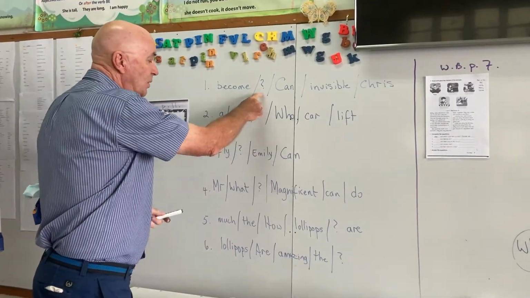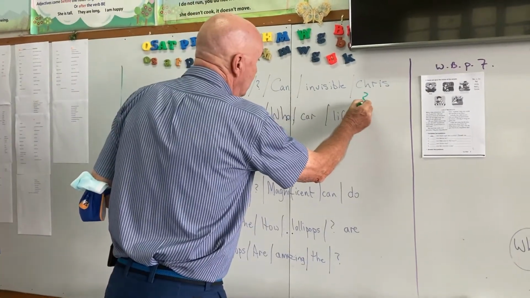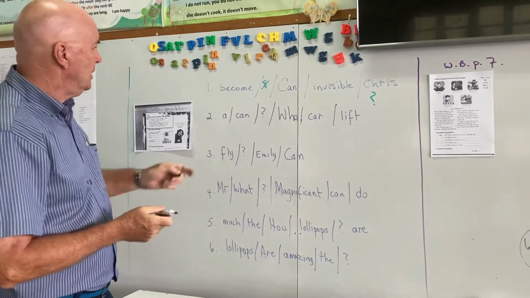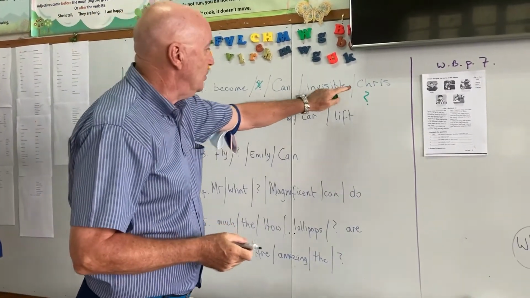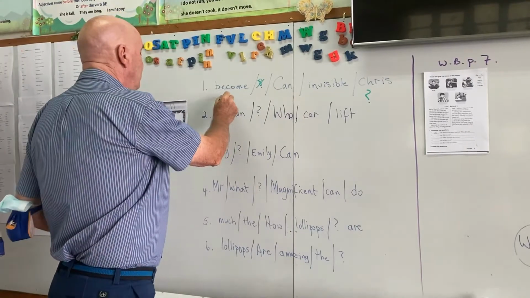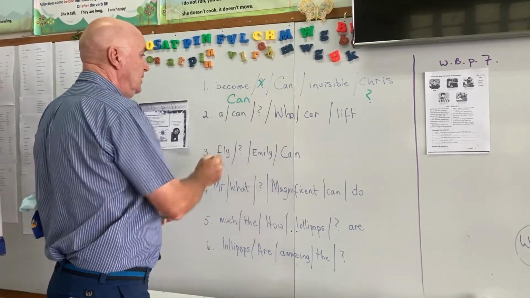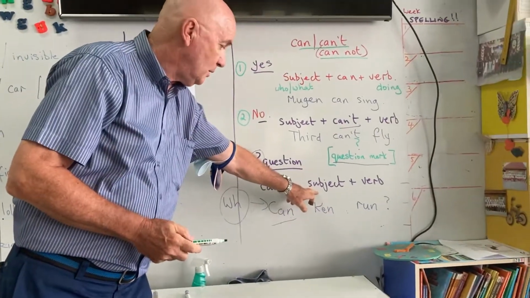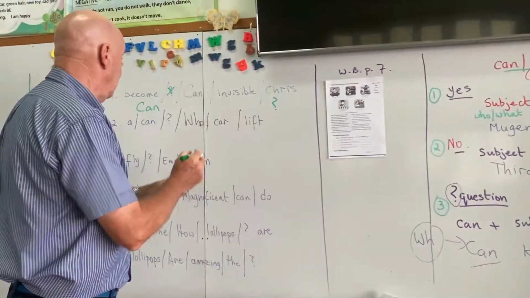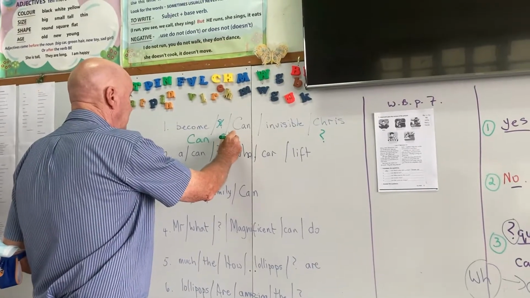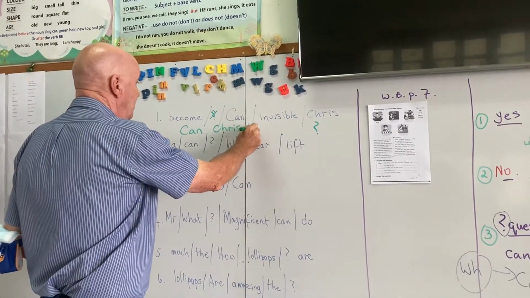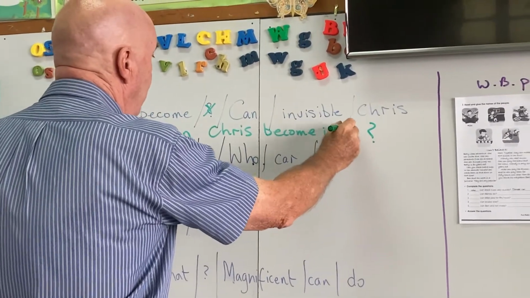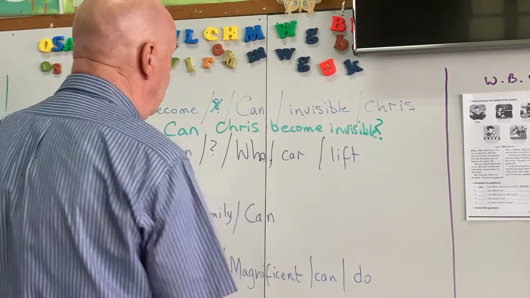First thing, question mark we know must come at the end. Okay? No WH question word, so we know can must come first. So can, after can we have the subject. The subject is Chris, can, Chris, and then our verb become invisible. Question mark at the end.